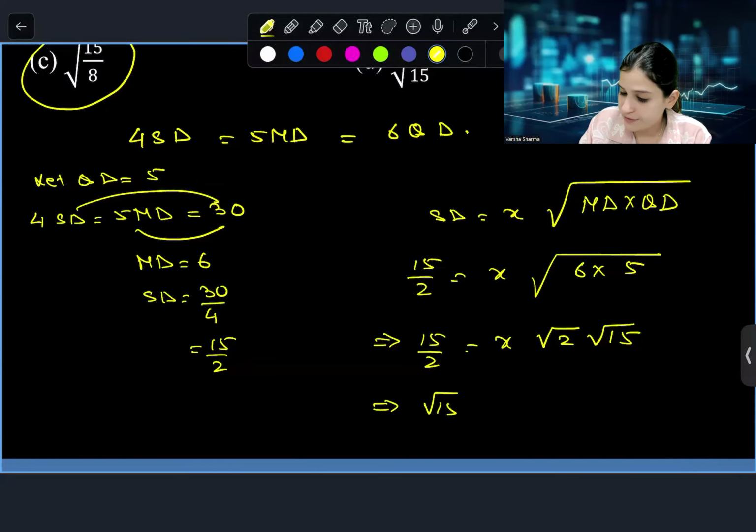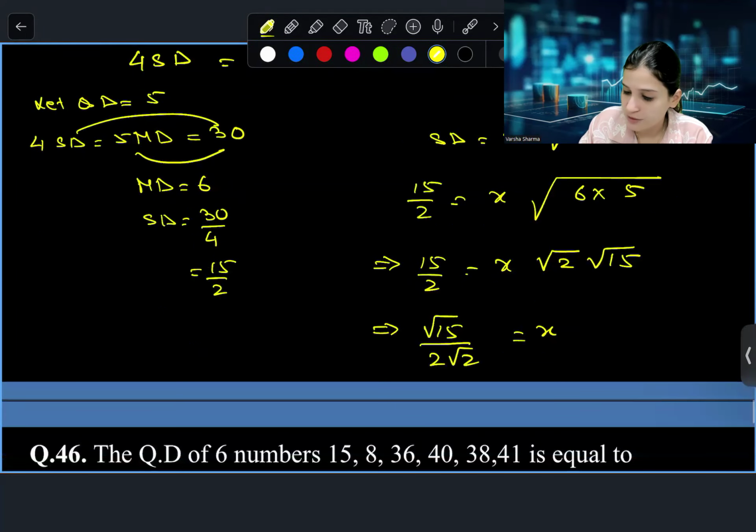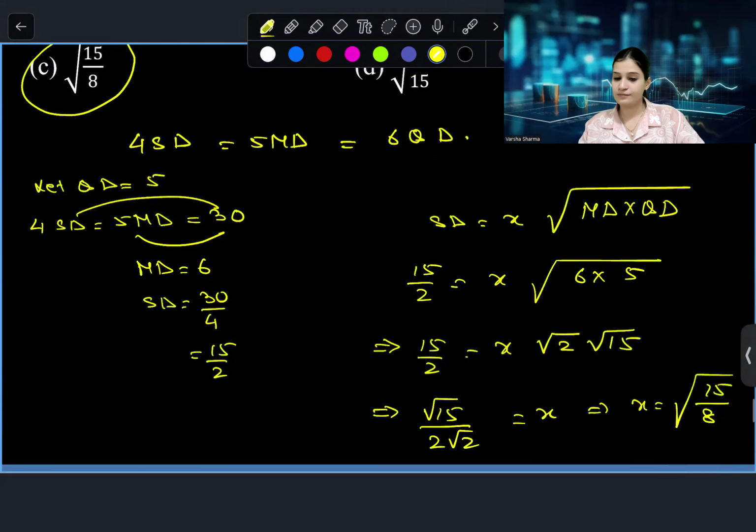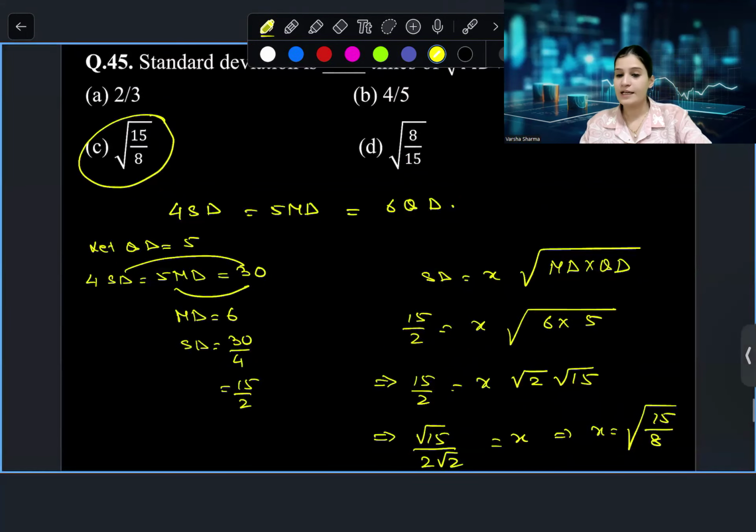So root 15 is left. This is 2 root 2. I'm sending 2 inside the root, so root over 5, 4 into 2, 8. X is under root 15 by 8. You can take quartile deviation to be any number.